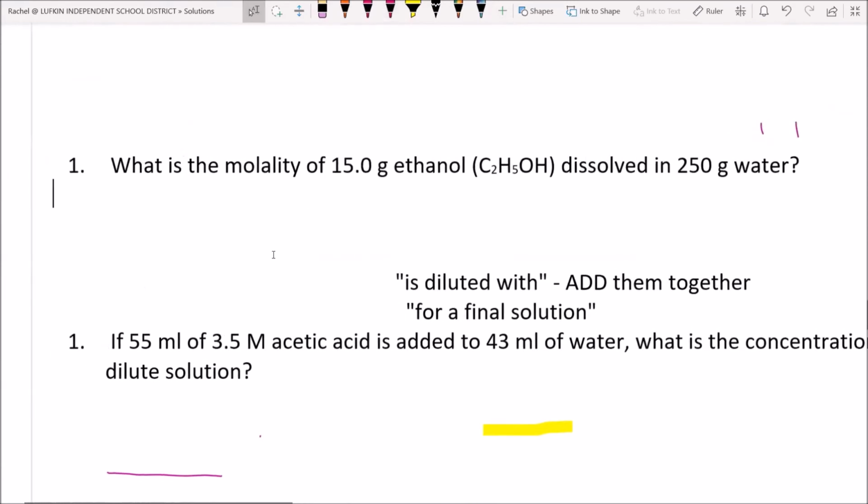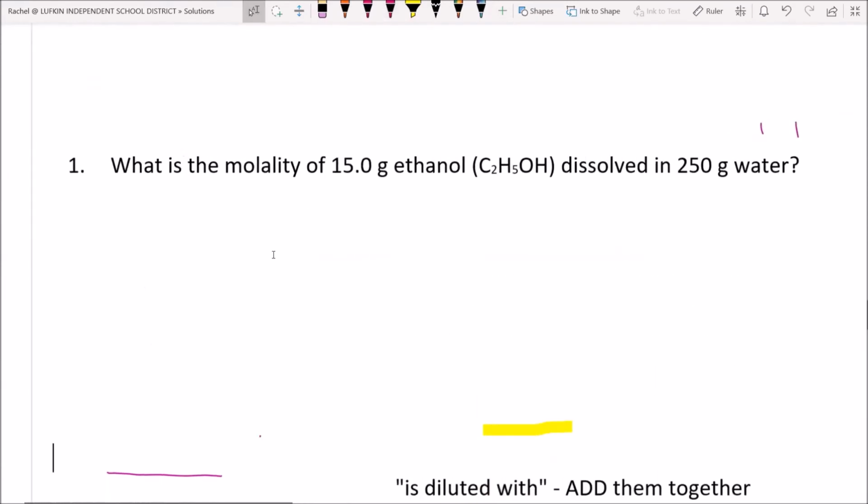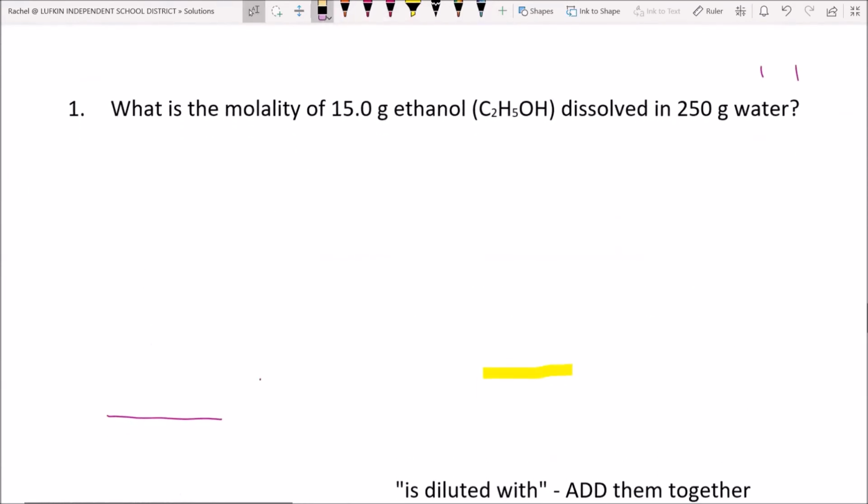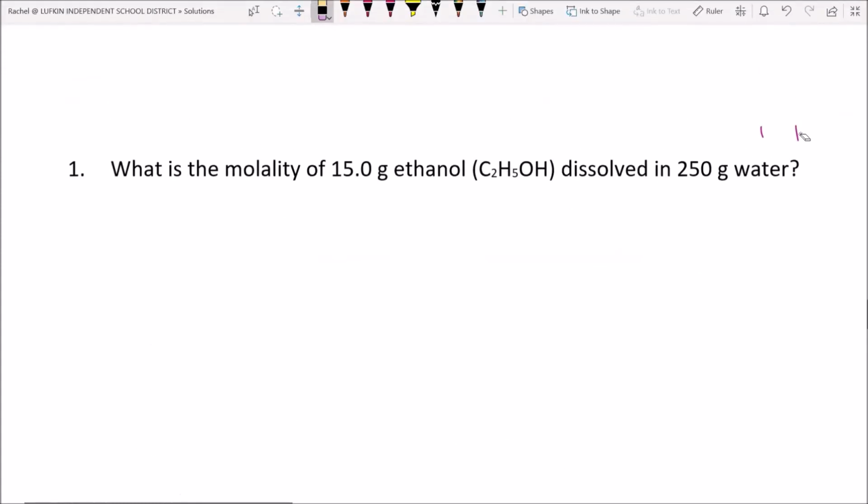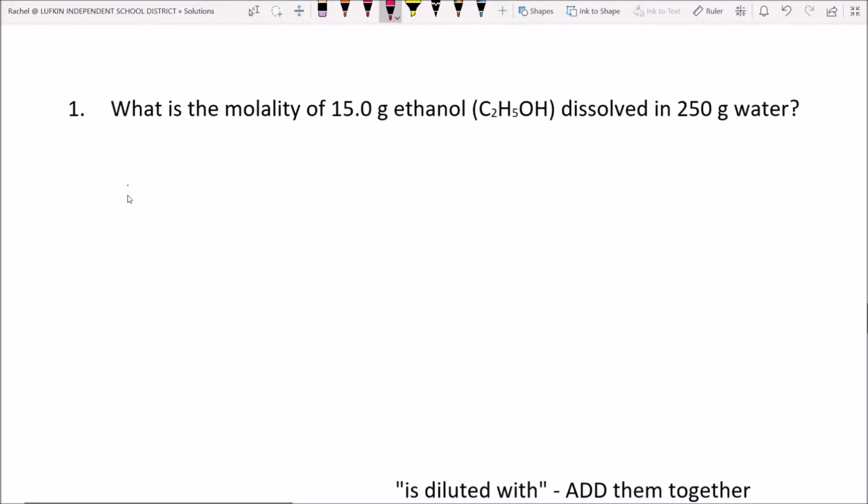Let's look at this problem here. What is the molality of 15 grams of ethanol dissolved in 250 grams of water? So what equation do you think we should use here? Molality, which is moles per kilogram, which you'll have to know. It's moles of solute per kilogram of solvent. So which one is our solvent between the two chemicals?